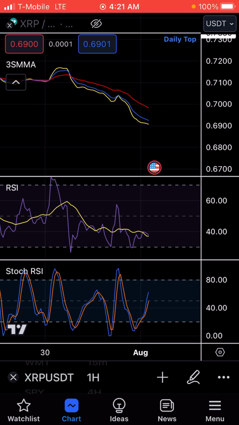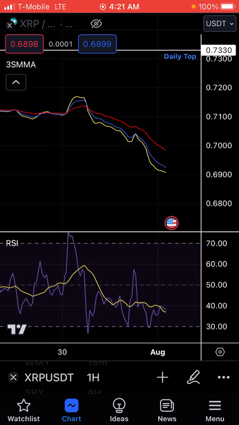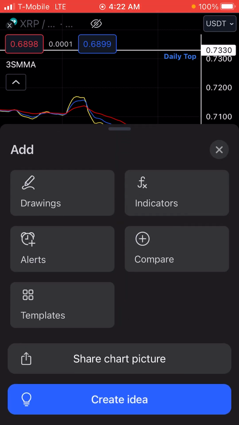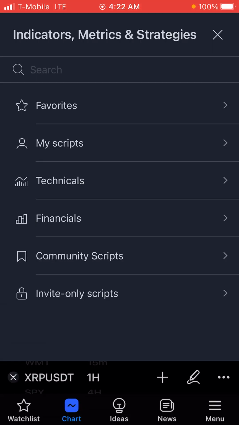I also have RSI and stochastic on here too, but I'll just use one today. Let's get rid of stochastic. We can flip back and forth between RSI and stochastic.